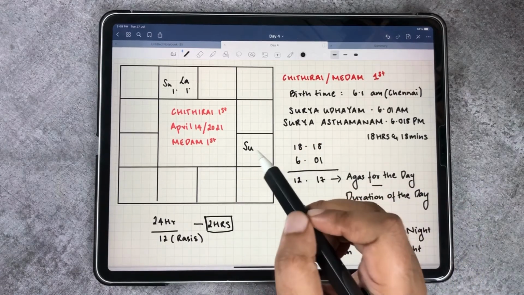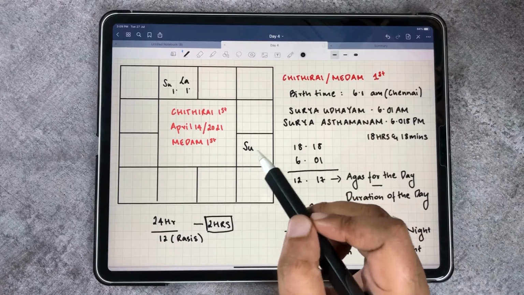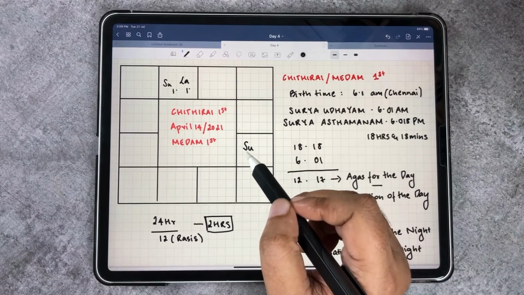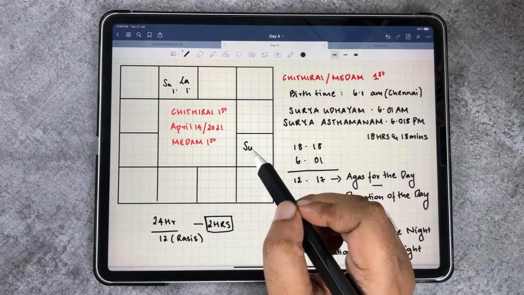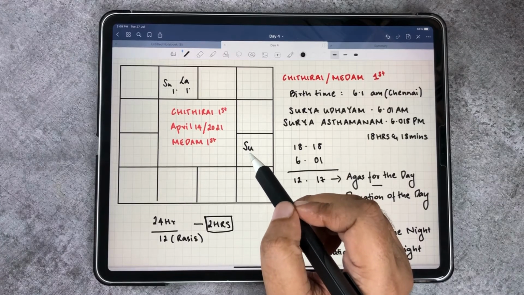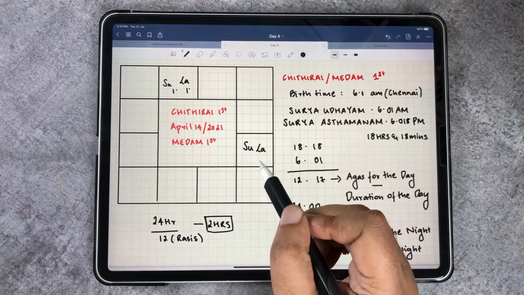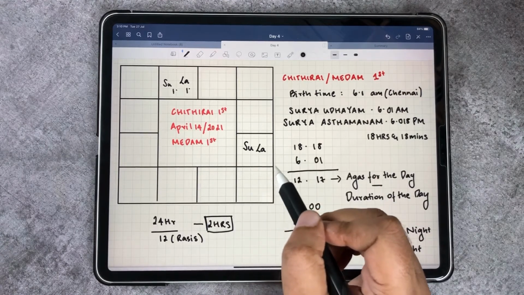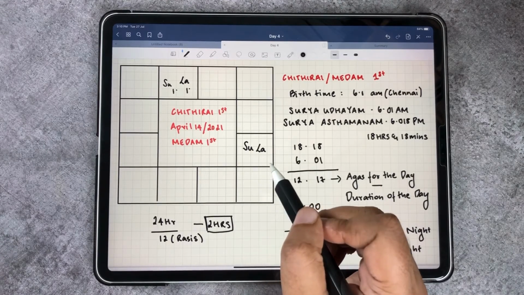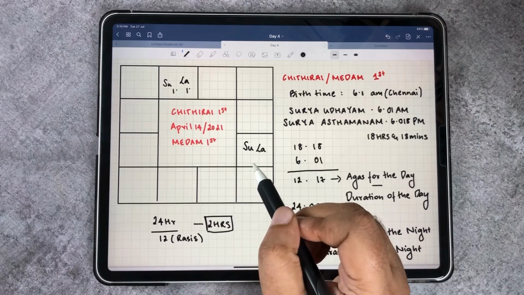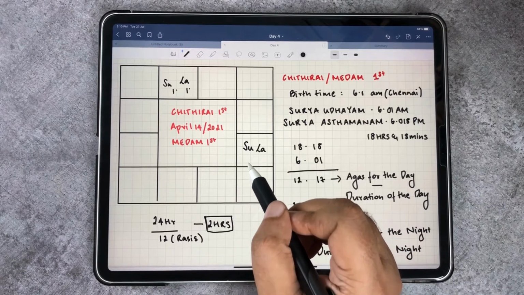So if it is Avani the first or Chingam the first, where would the lagna start? The lagna would start from Simha Rashi. So this is where you would have to put the lagna then. So if a child is born during the Surya Udayam of the month, throughout the month of Avani, it would be the Simha Lagnam.